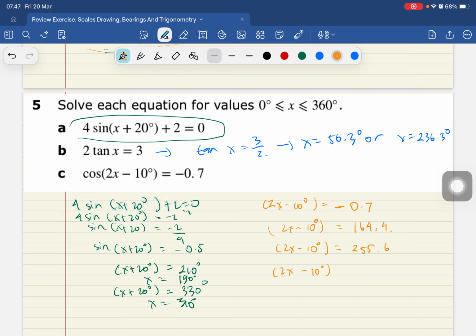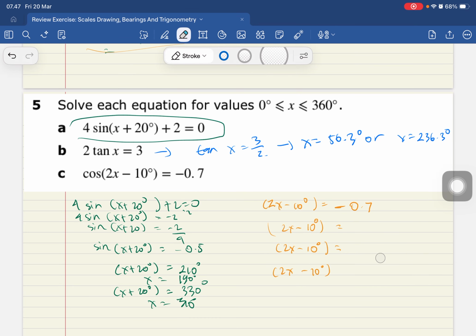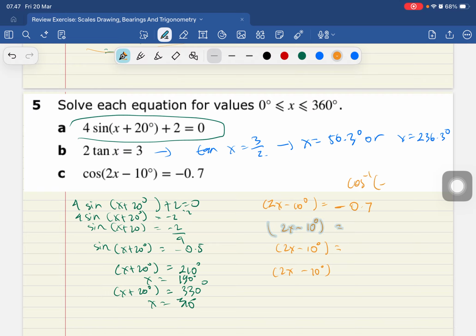So this we divide by 2, and then, it was a mistake, so let's use a calculator again. Cos inverse of negative 0.7 equal to 2x minus 10 degrees.